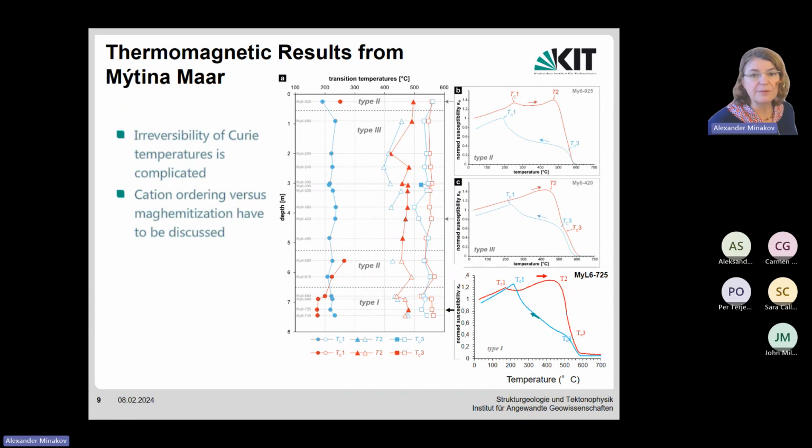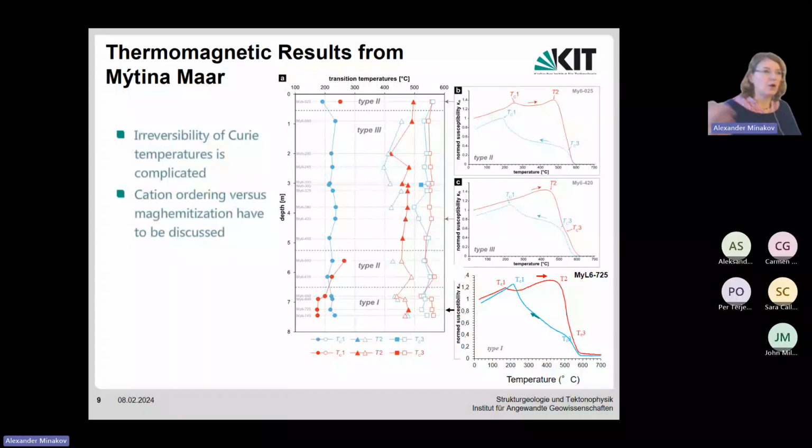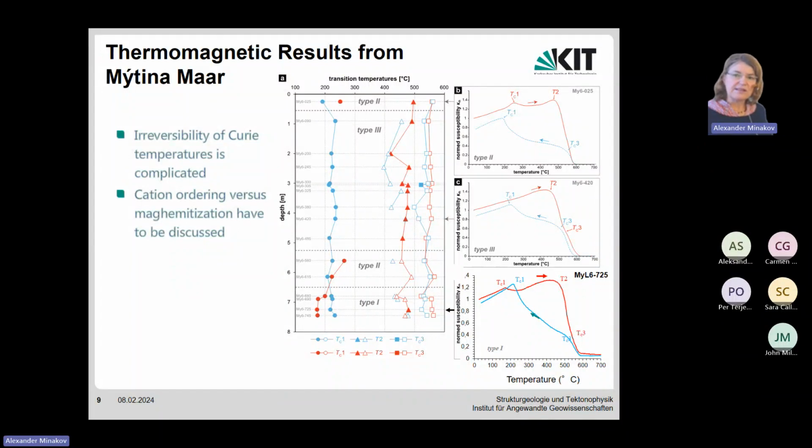So the cooling Curie temperature is what you see in the composition, and this gives you the titanomagnetite. And from this irreversibility behavior, I don't want to go into detail, you can learn something. What I haven't shown you before, this strong irreversibility has something to do with oxidation of your titanomagnetite.